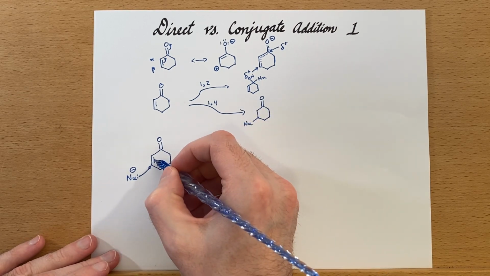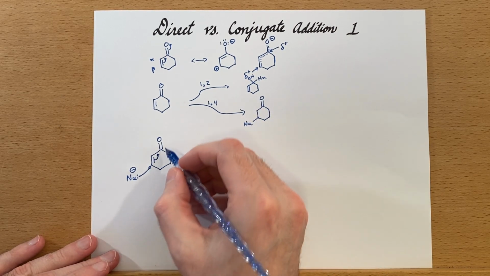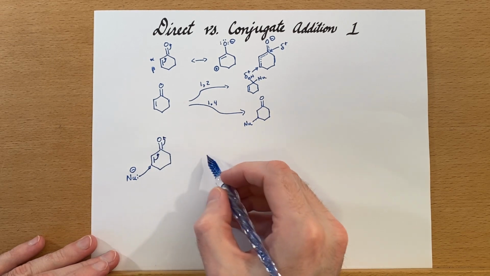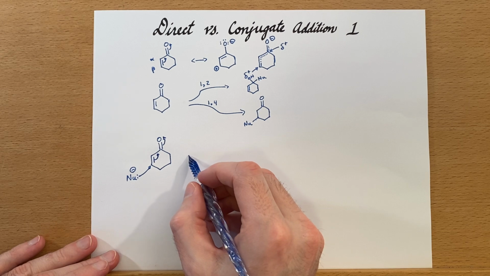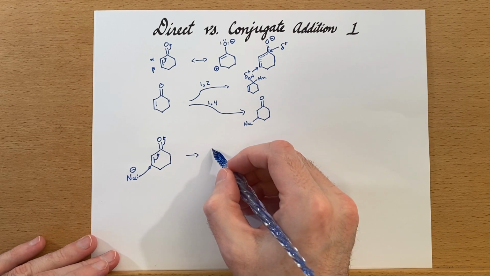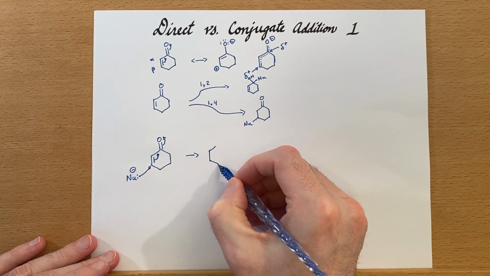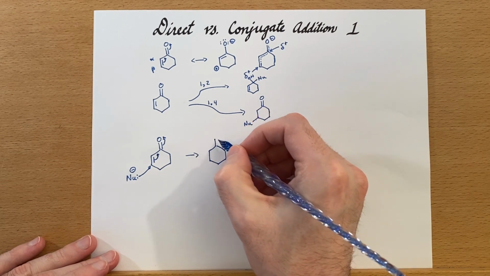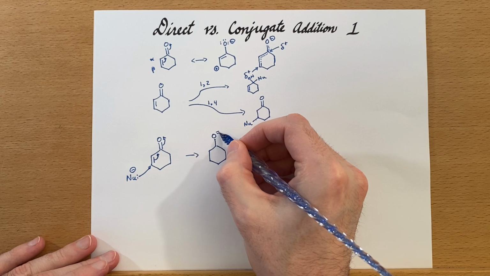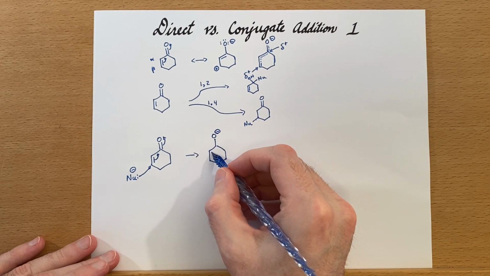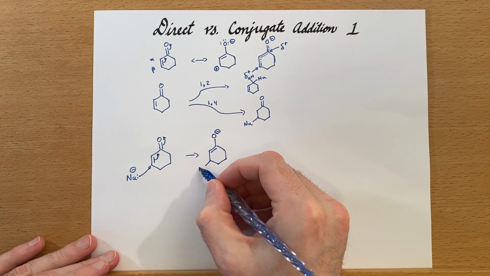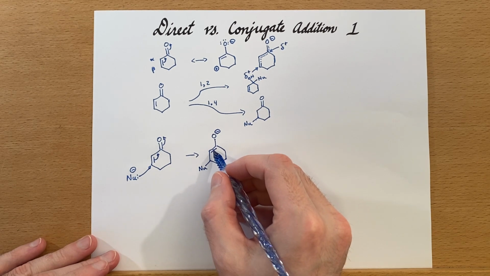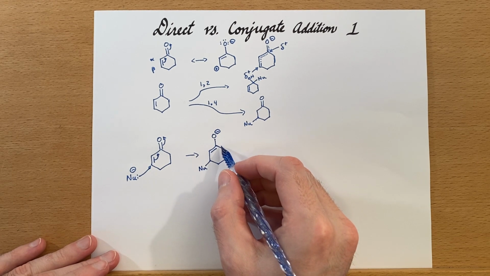When that happens, this double bond is going to shift up there, and those electrons are going to shift up onto the oxygen. So we're going to get this intermediate right here. Now I've got our nucleophile attached, and we've moved the double bond over to here.